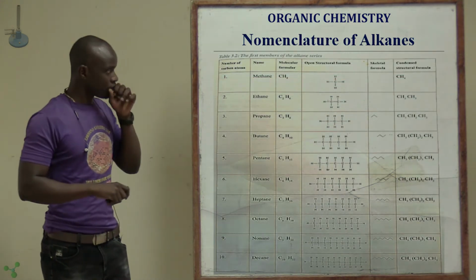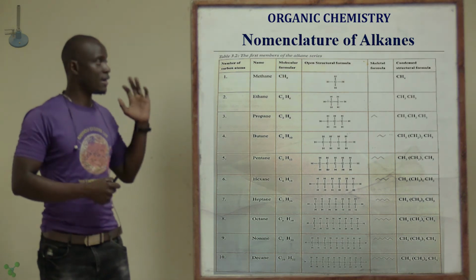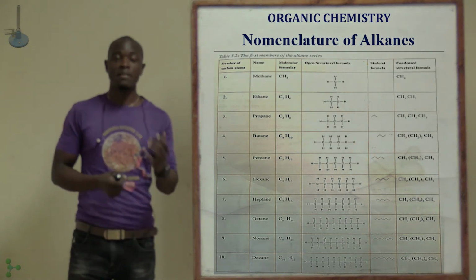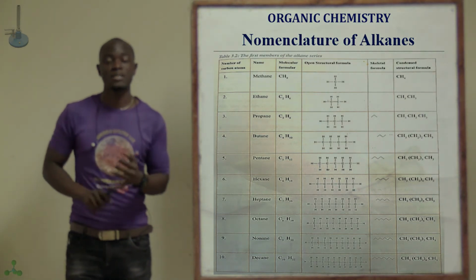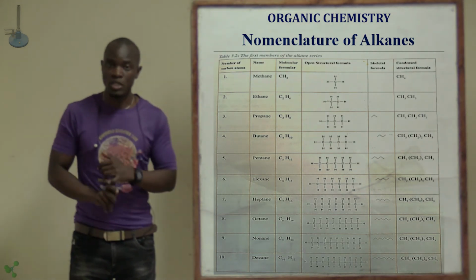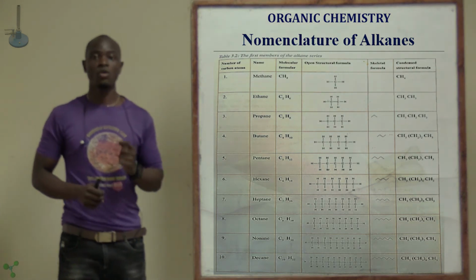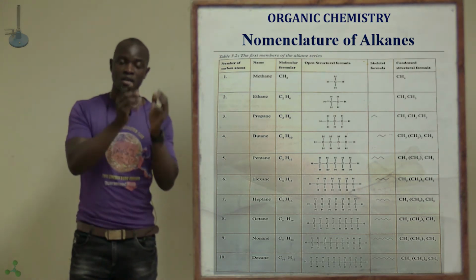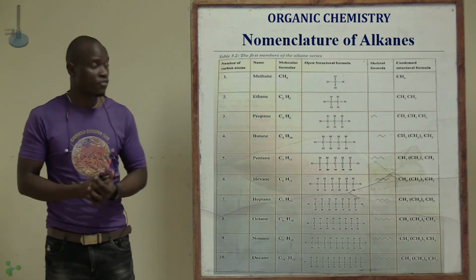As you can look at this table, this table summarizes the alkanes again. It summarizes them by giving the designated number of the members, the absolute name of the members, and the molecular formula. We also have a closed structural formula and an open structural formula.